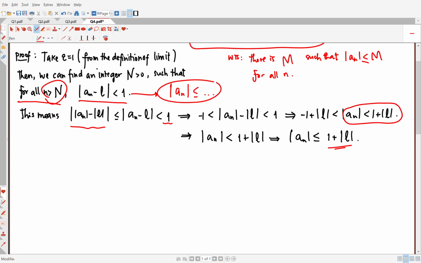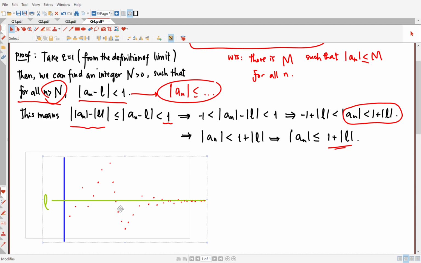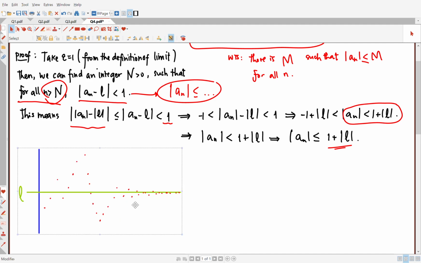So let's take a look at this sketch. Okay, so what have we done here? Let's say n is here.